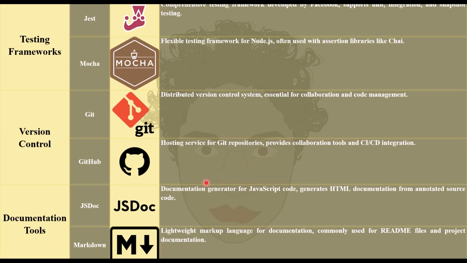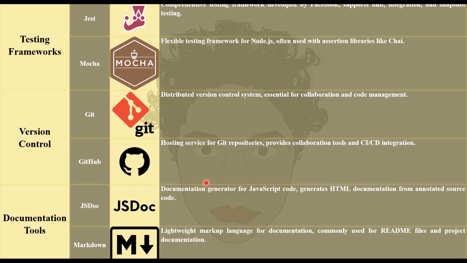Another category is the testing frameworks. Testing frameworks in JavaScript are tools that help developers write and run tests for their code. These frameworks provide a structured way to create test cases, execute them, and report the results.